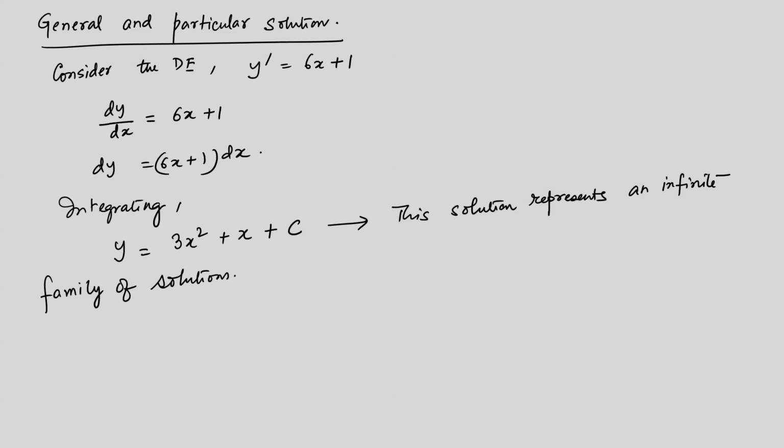You take c equal to 1 or c equal to half, c equal to 10, c equal to 100, they all denote valid solutions of this, and you can put it back into this. When you take the first derivative, because this c is just a number and does not depend upon x, it vanishes and it always gives me 6 x plus 1. So this gives rise to an infinite family of solutions, and this is called the general solution.